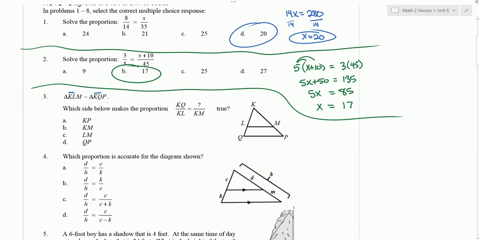So first two of the second triangle over the first two of the first triangle. And so KM is the first and the last. So I'm going to go first and last from the second triangle, which would be KP. So KP is what we want.